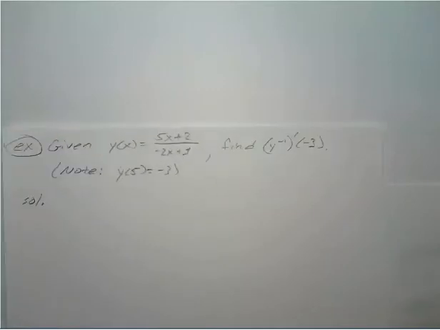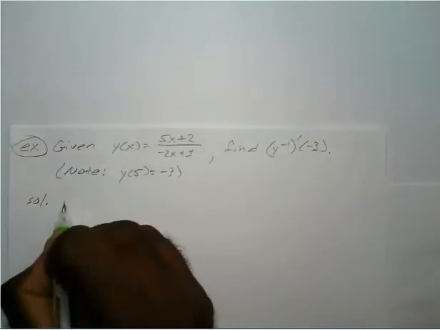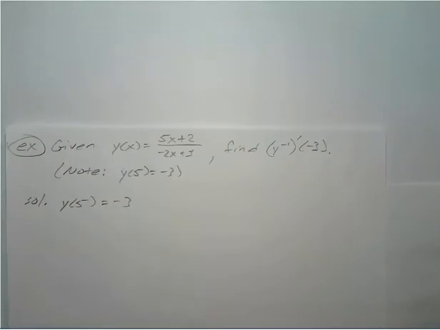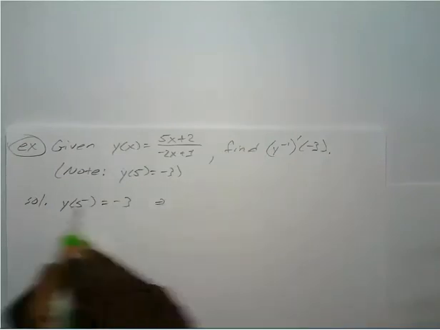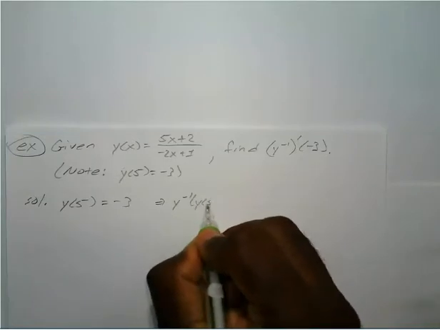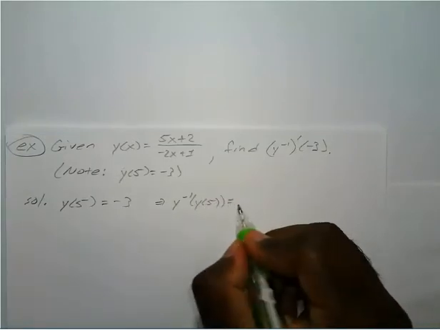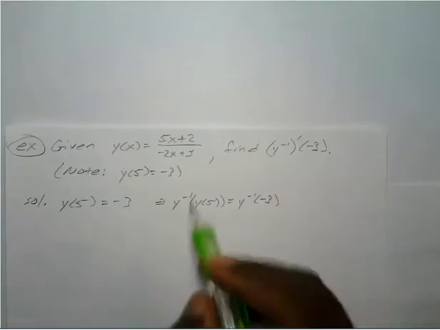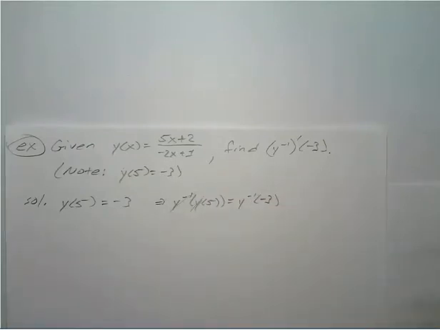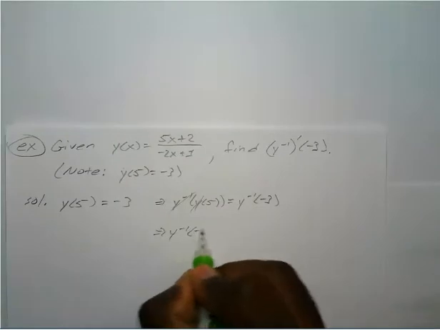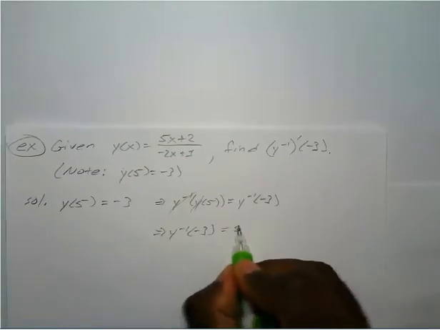Okay, so to solve this one, you know that y of 5 is equal to -3. Apply y inverse to both sides. So y inverse of y of 5 is equal to y inverse of -3, where those two cancel each other out. Okay, so you have y inverse at -3 equals 5.